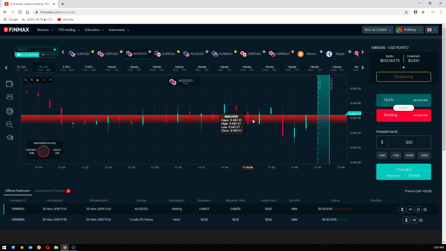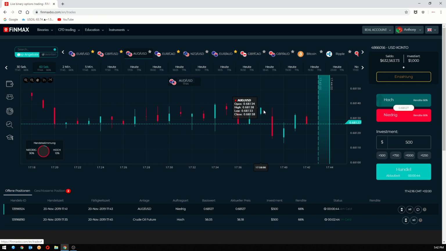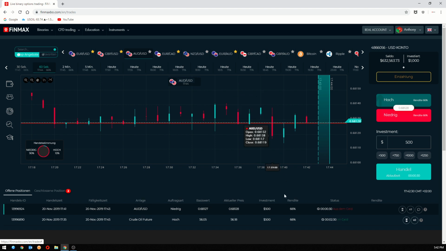Okay, currently our trade is not in the money. If it's needed, I will use one more cover here. 30 seconds remain for the trade.